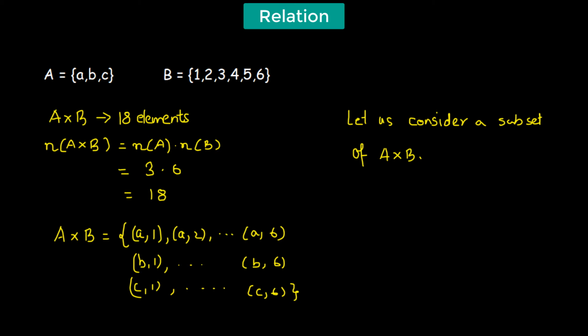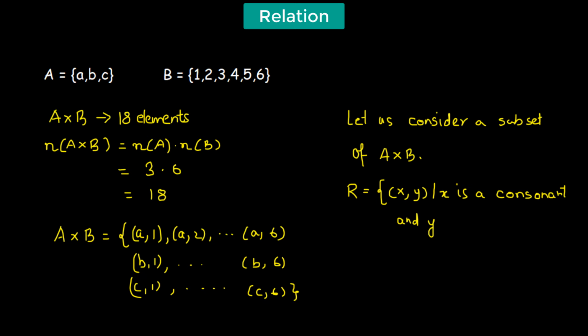So we are considering a relation R, which is a set of the ordered pairs (x, y), such that x, which belongs to set A, is a consonant and y is an odd number.